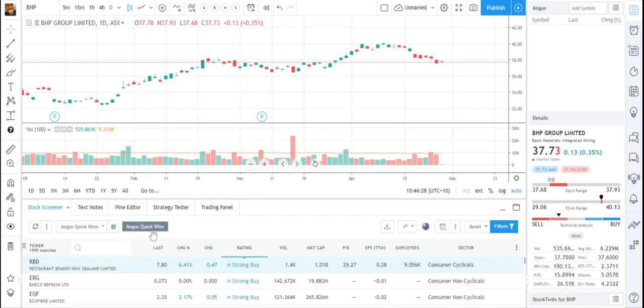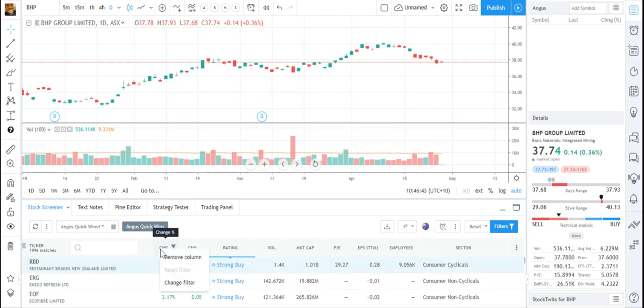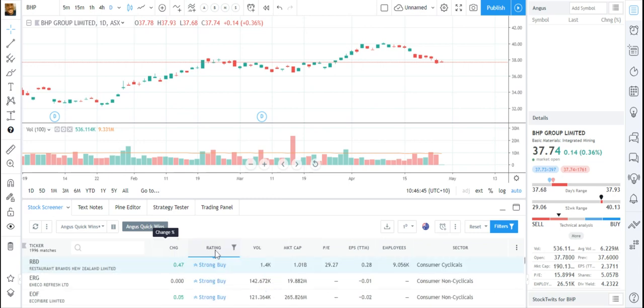So what you can do is have multiple views with multiple columns, and you can switch between them to look at different things. So what I'm going to do here is remove all of these. Remove column. Remove column. Remove column.